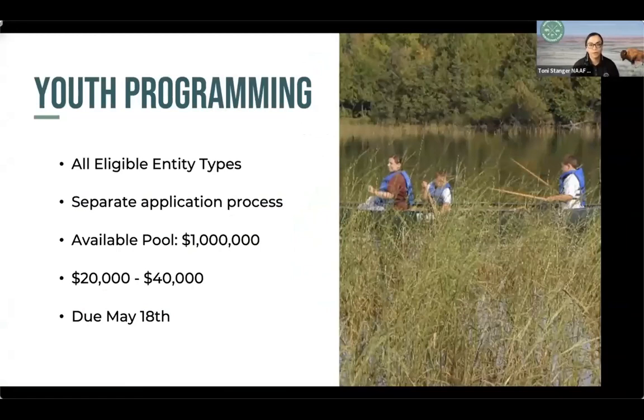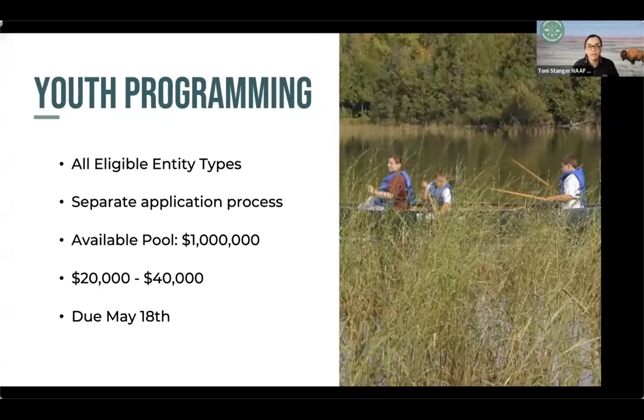So our youth programming, again, our youth application is a separate application, and it has a separate closing date. All entities that we talked about prior are eligible to apply for the youth grant. This has its own process where if you've applied in the past, you can use a special tool within our application process called Copy Process, and you can move all information from your last year's application to this year.